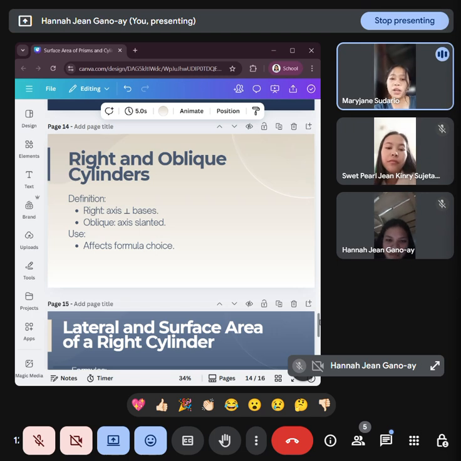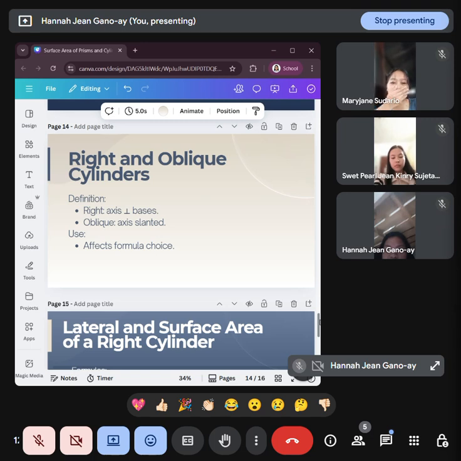An oblique cylinder leans to the side, similar to the Leaning Tower of Pisa, and although it still has circular bases, the surface area requires more advanced geometry because the height is not the same as the slanted side. Right cylinders are more common in real life, for example, cans, pipes, and cups, which is why the formulas focus on them.